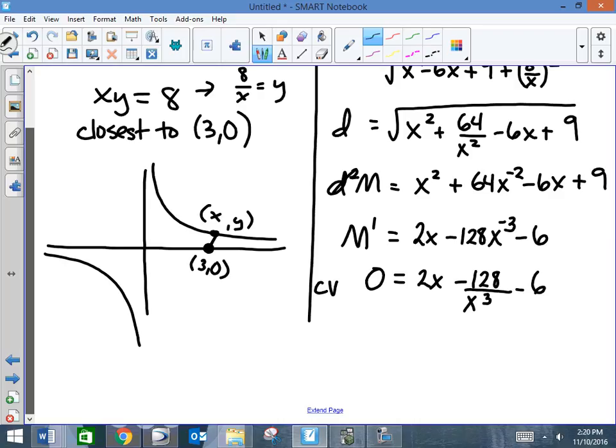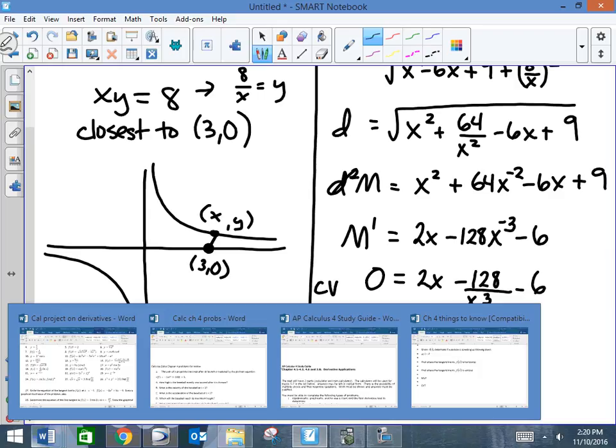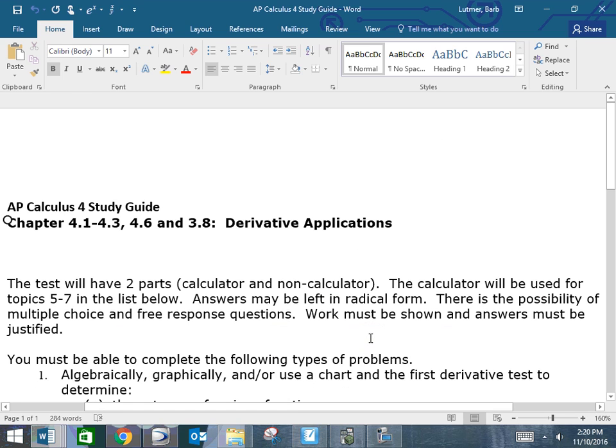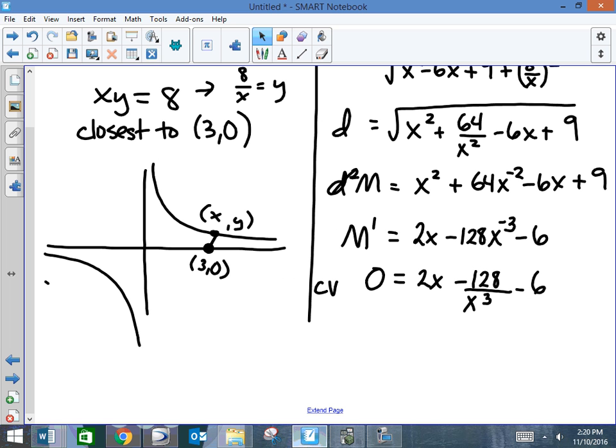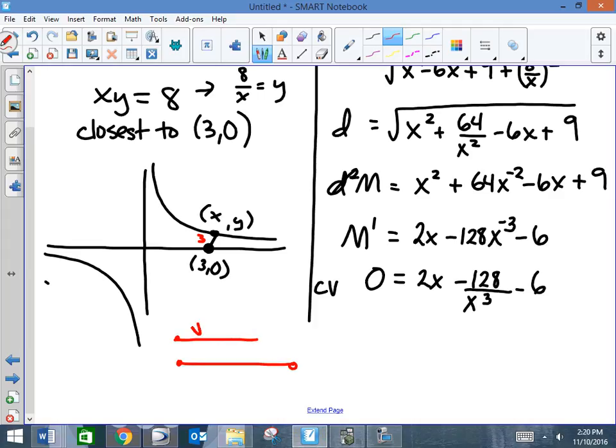Can you just get rid of the radical like that? Yes, you can. Because if you are closest, if the distance is like 3, then 9 is going to be the closest too. So if you have 2 points, and let's say this is square root of 5 and this is square root of 17, well, if you square them, they're still the same closeness.